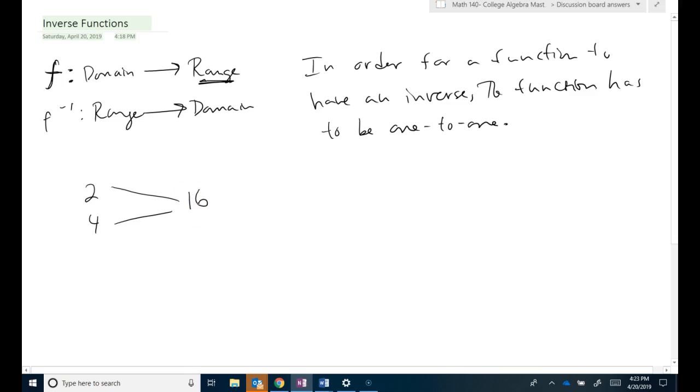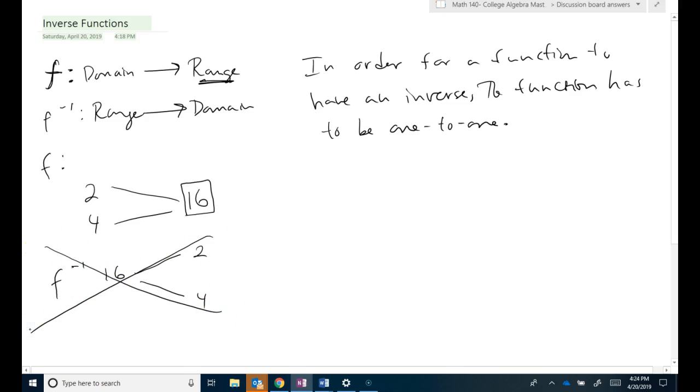From a function standpoint, that's fine, right? But the problem is that when we get the inverse, so this would be f, the inverse would have 16 going to 2 and 4, right? And that doesn't work. That's a no-go. We can't do that.